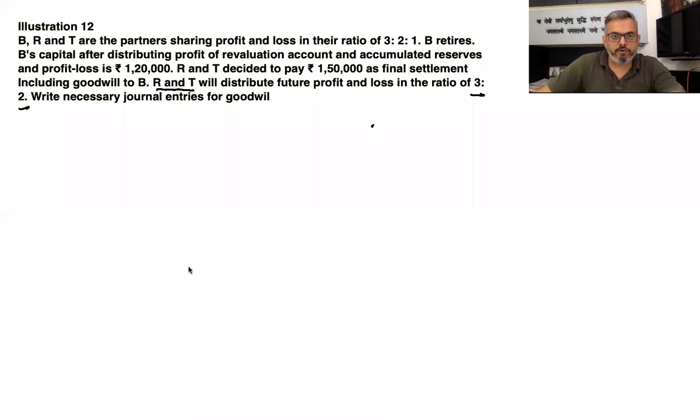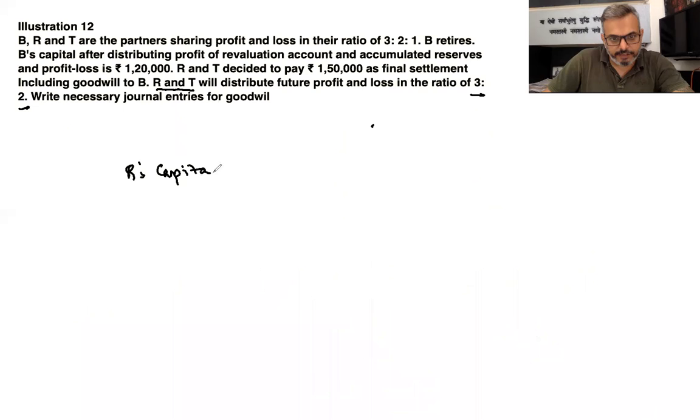Now let's go to the journal entry. Now over here, R is gaining, so R's capital or current account will be debited.